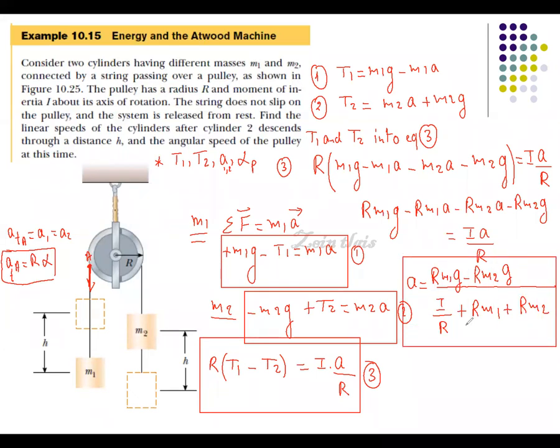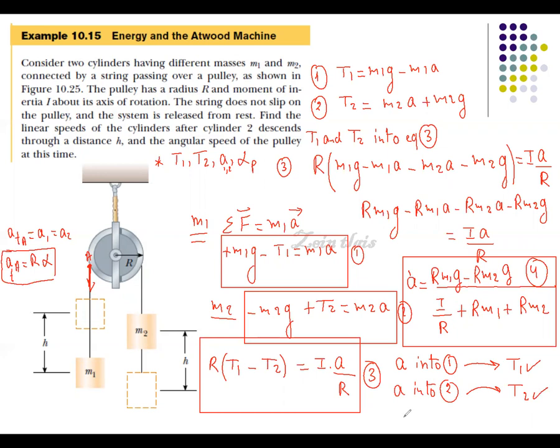Anyway, I don't want to continue here. Here we have alpha. Here you can put the value of A. We can say equation 4. We put the value of A into equation 1, we get the value of T1. We put the value of A into equation 2, we get the value of T2.